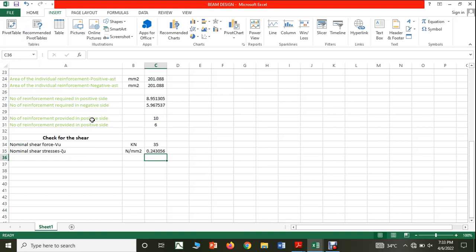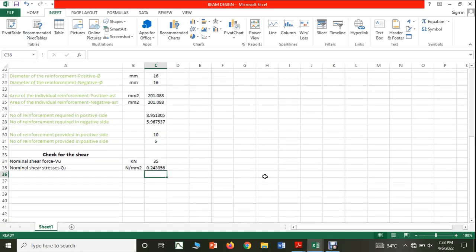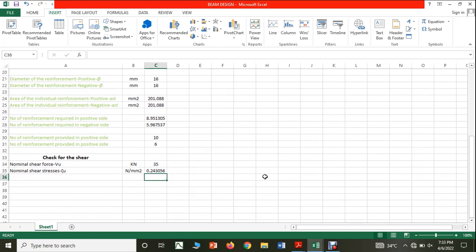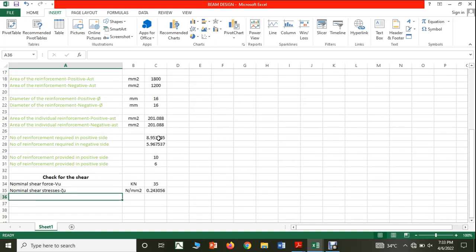When it comes to the number of reinforcement provided, we have to calculate the percentage of steel provided. The percentage of steel is 100 Ast by bd. I can get the Ast of one bar here, and when I multiply it by the total number, I will get the capital Ast, into 100 by bd, which will give you the percentage.